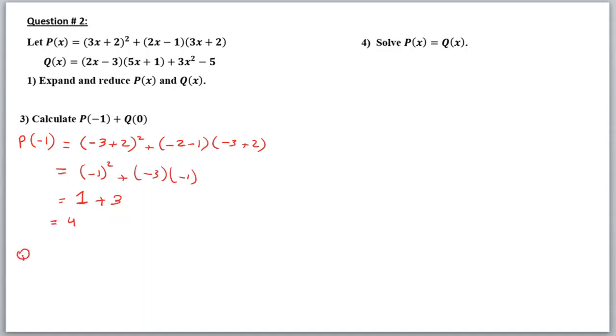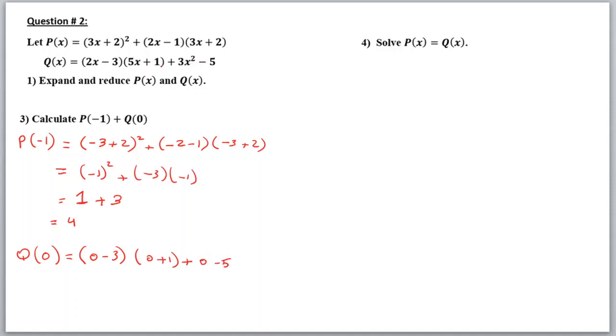And now q of 0. We substitute x by 0 in q of x. So 2 times 0 is 0. So it will be 0 minus 3 times 5x plus 1, meaning 0 plus 1. Plus 3x squared minus 5, so it will be 0 minus 5.